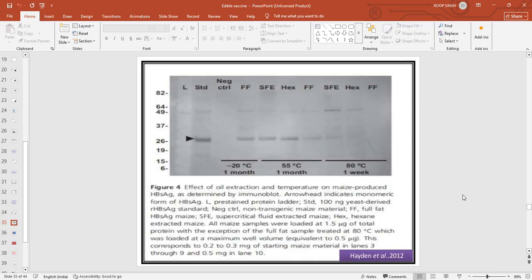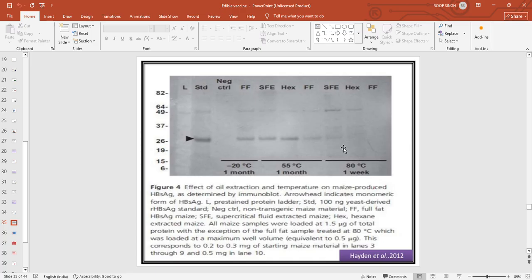So this is also again the HSB immunoblot. This is Western blot analysis. You can see the standard protein here, HSB antigen. Here you can see 20 degrees Celsius. You can see a good amount of protein. At 55 also you can still see the very nice protein band of HSB antigen here.